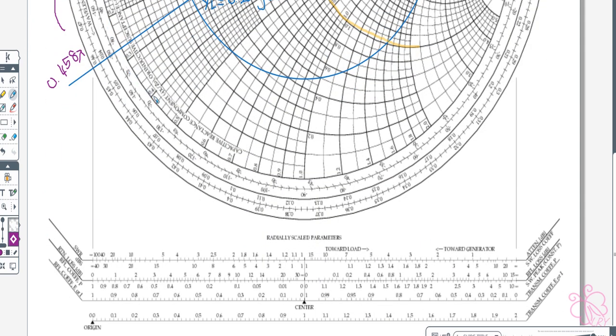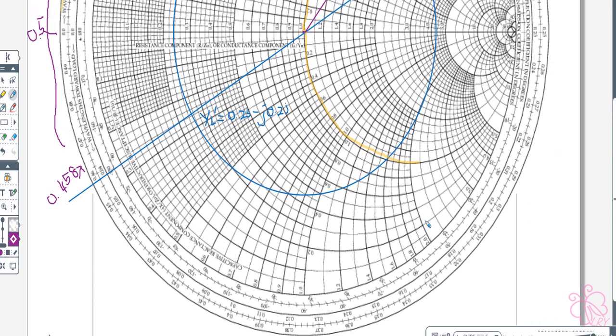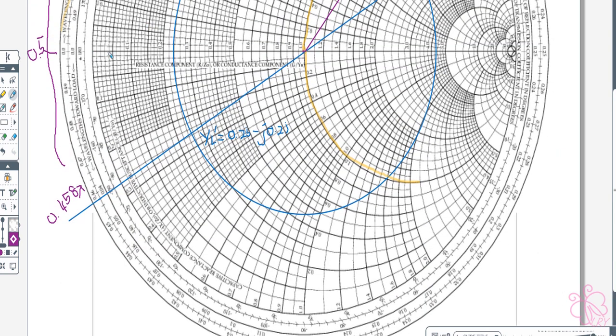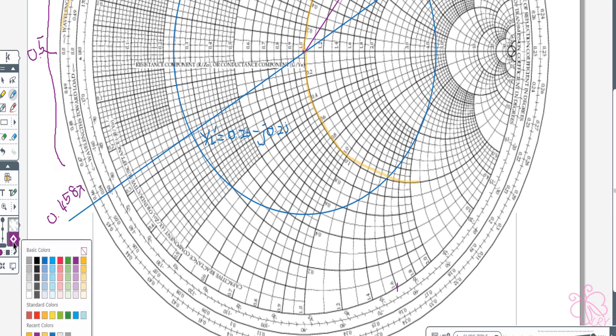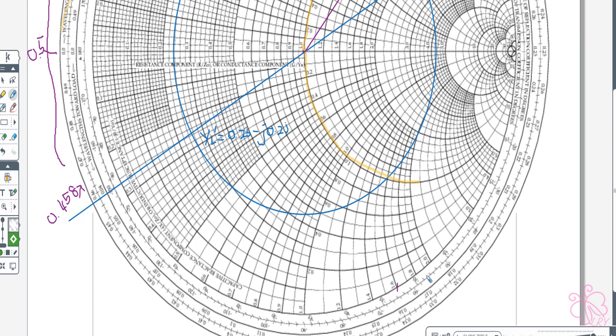So we plot our YL at 0 minus j1.6. 0 is the outer circle. Why is it outside? This one is 0.1. Okay, so this is 0, and minus, it's on the lower side, minus j1.6. So it's here. Okay, so we will label that YL.